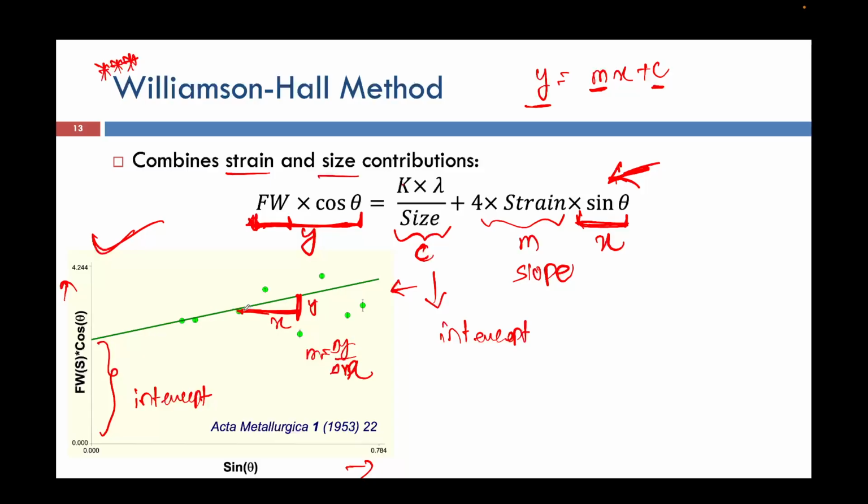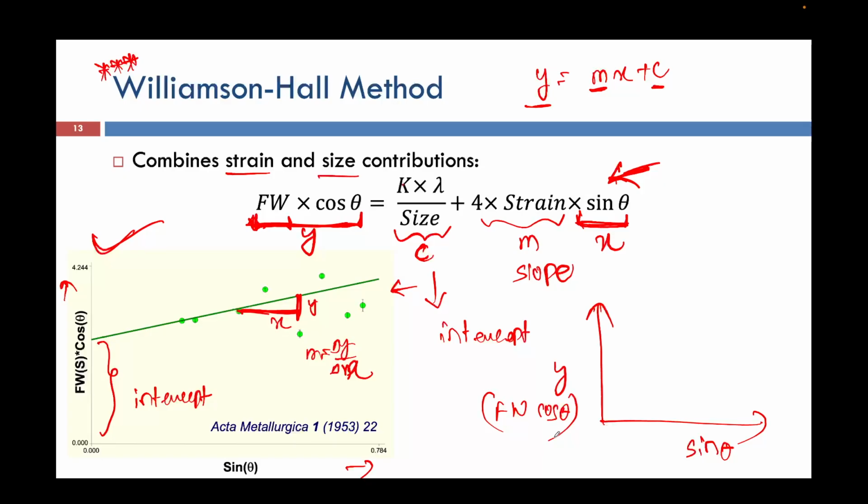However, if the broadening comes only due to the size, not due to the strain, what will this curve look like? Let's say this is sin theta and this is y, that means Fw cos theta.